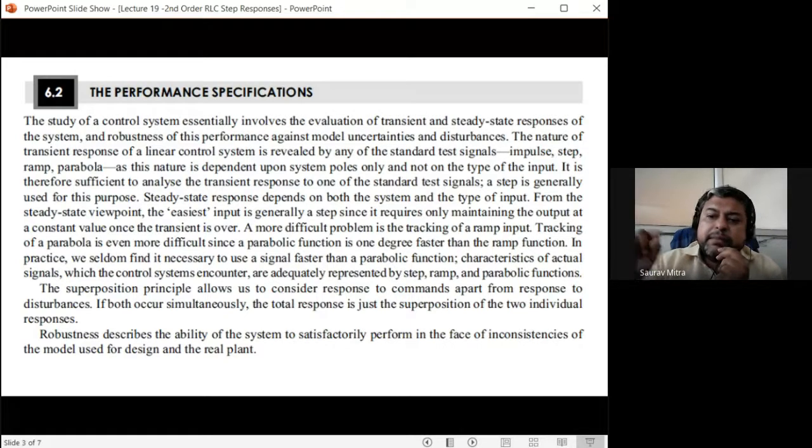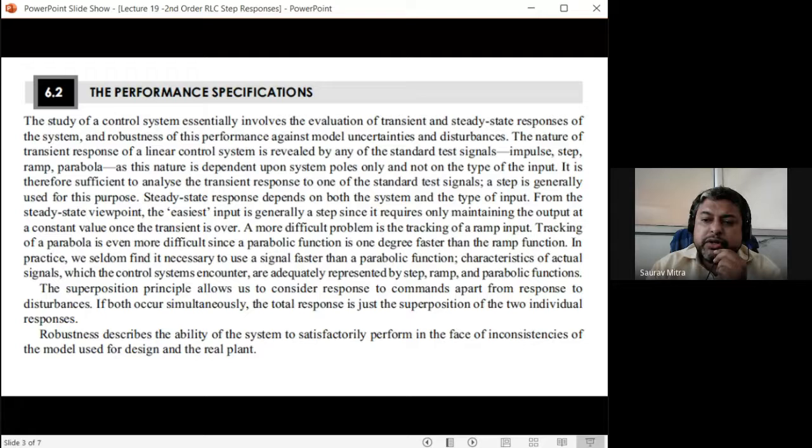So how does the capacitor voltage rise when inductor, resistor, and capacitor are all in series? I find that the capacitor voltage rises very slowly. What is the understanding? The understanding is about zeta for the RLC circuit. What is the formula of zeta? It is R by 2 multiplied by root of C by L.